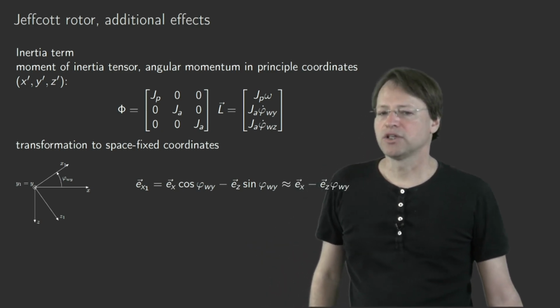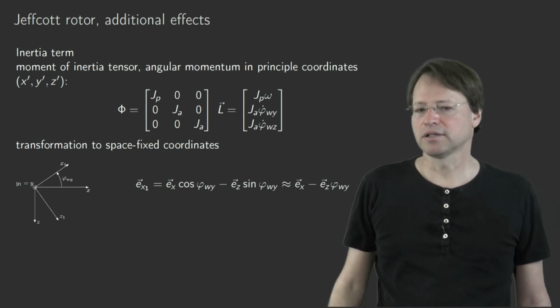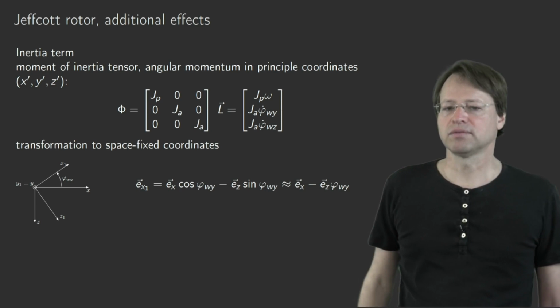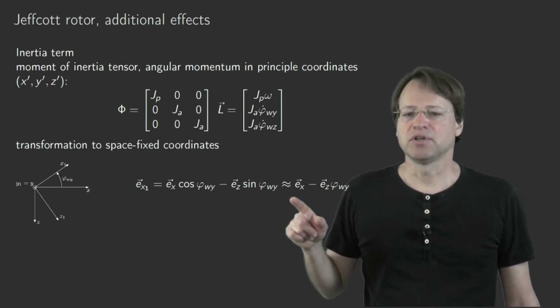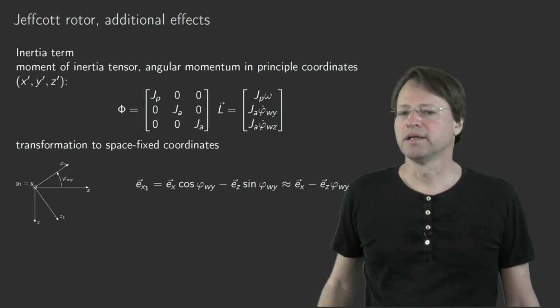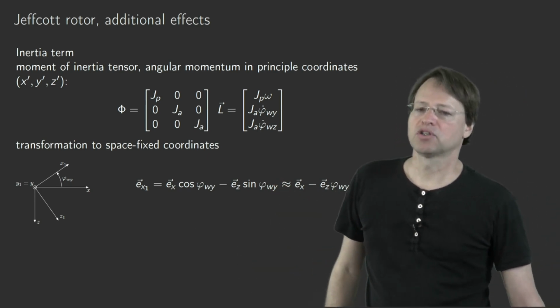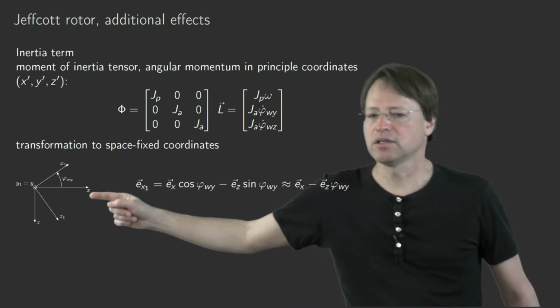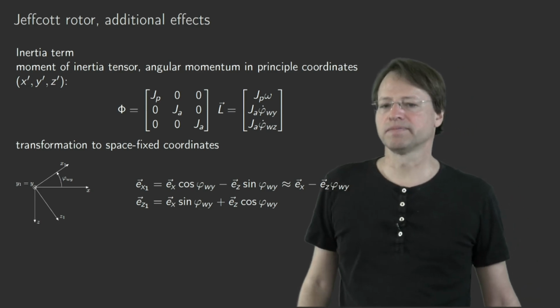And this equation can be simplified if we assume small inclination angles. That's what we will assume here. And what's also very realistic, then it can be simplified by setting the cosine to 1 and the sine to the argument. We treat in the same way the second unit vector E sub z1 of the newly obtained coordinate system.